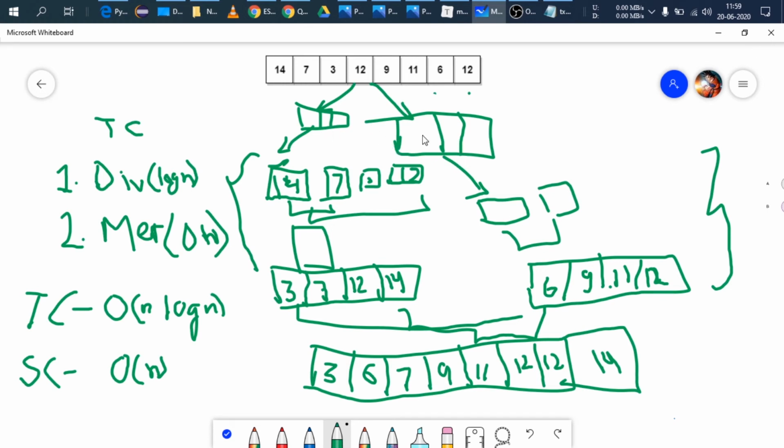So space complexity for quicksort would be order of n log n, and since in merge sort we keep on dividing the array, we'll get the space complexity of order n because it requires more space. Second is, since quicksort uses the partitioning technique, it could lead to unbalanced arrays because there is a downside to using the partitioning technique.